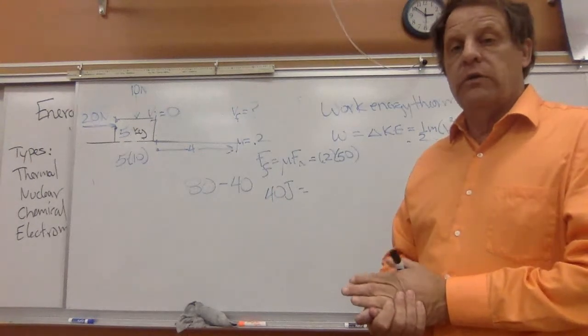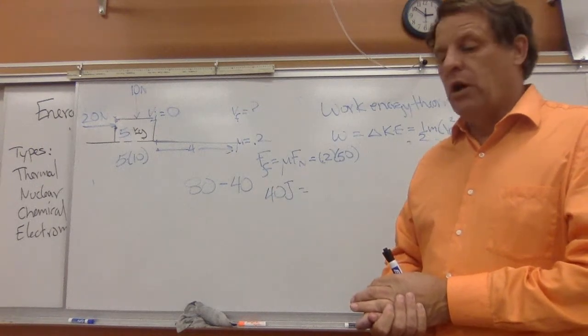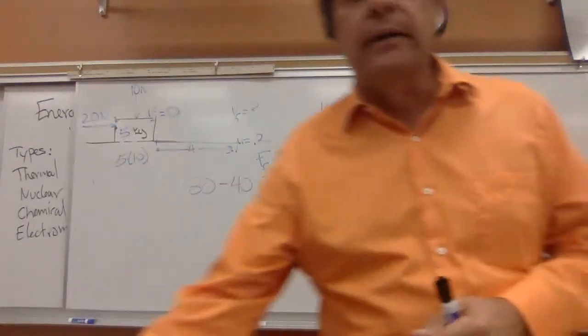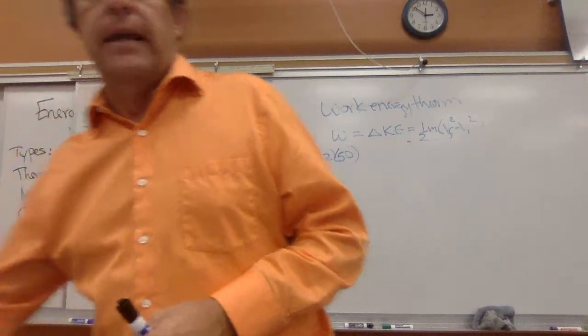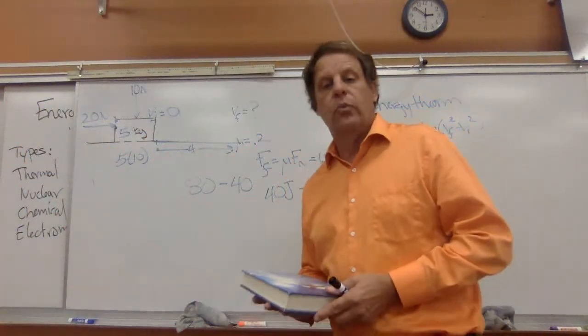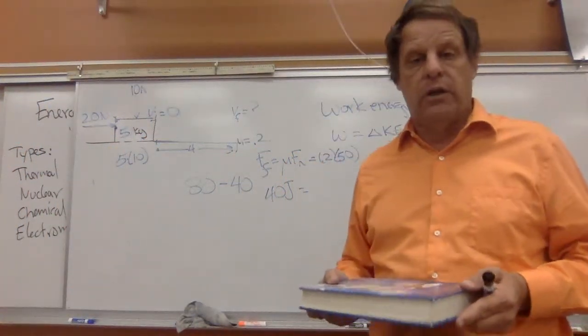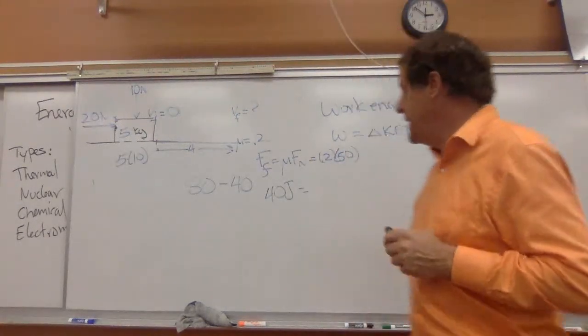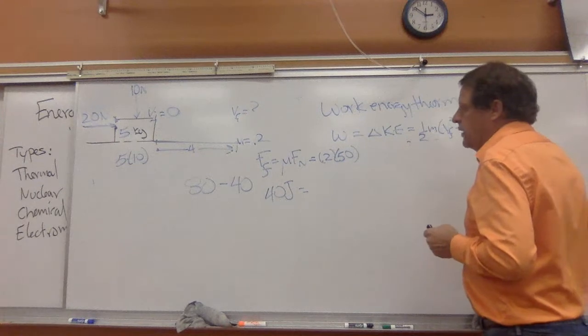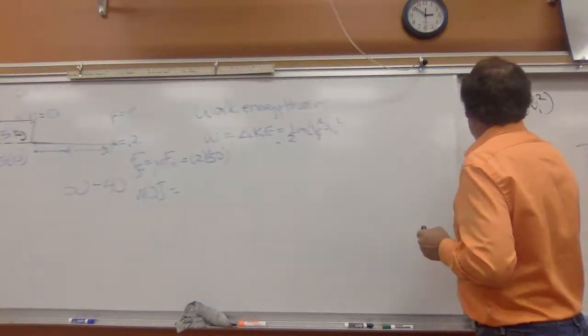It could be working against friction, and it could also be working against inertia. We could also be working against a spring, okay? And we could also work against gravity. And that's what our example is going to be next, okay?